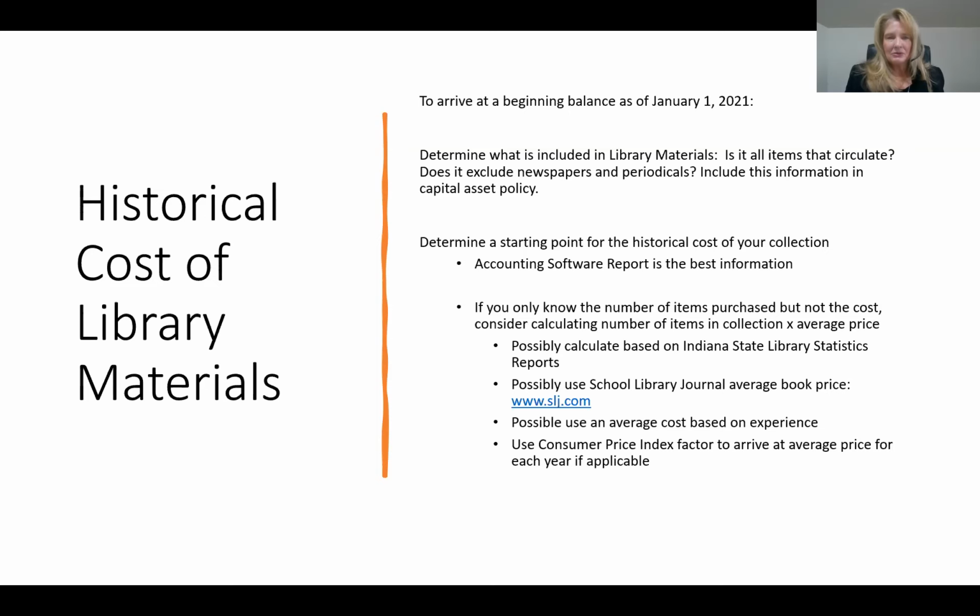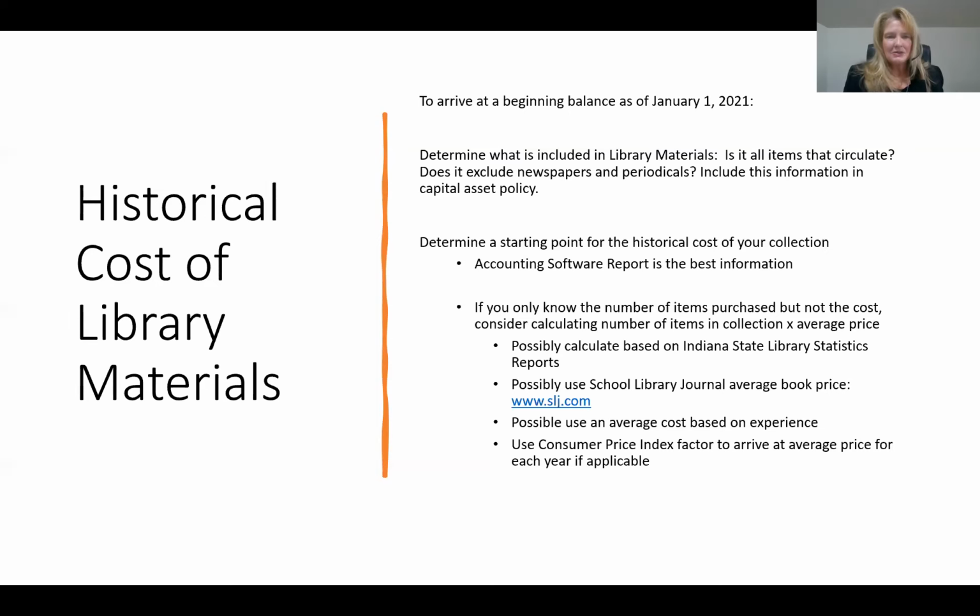You know, you need to include this information in your capital asset policies. I've seen some capital asset policies that say everything that circulates is considered library materials and is depreciated as a group. We've seen that. We've seen other libraries that have broken it down more by types of items that circulate. Either way would be fine.